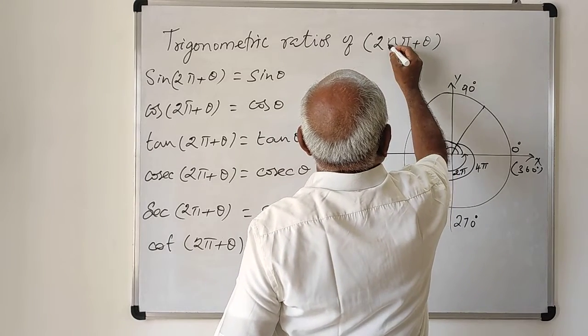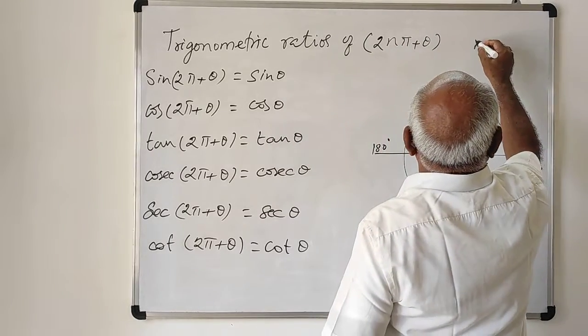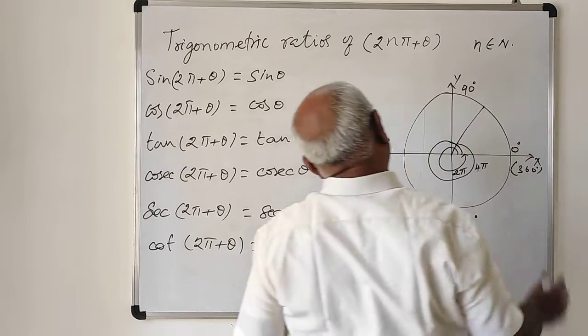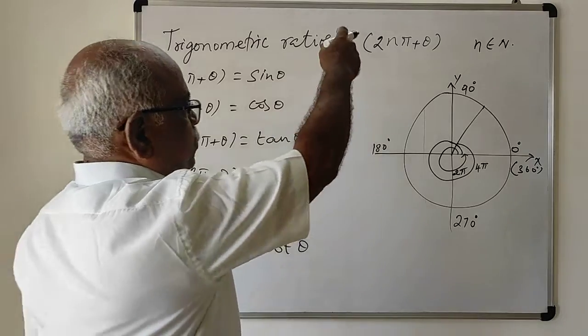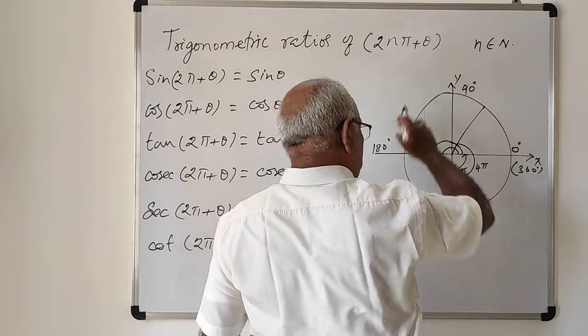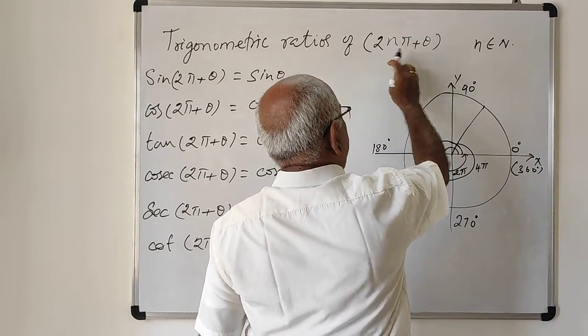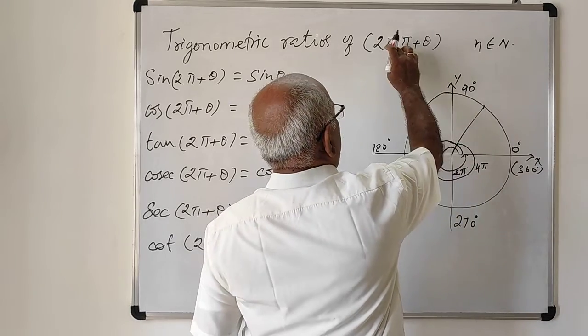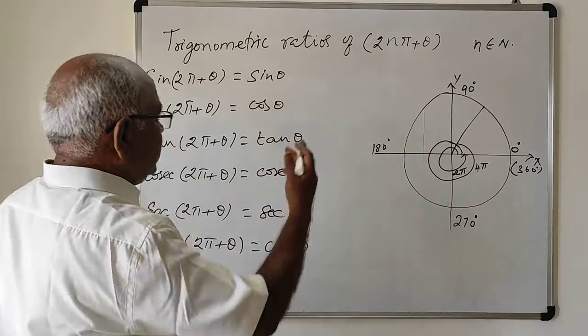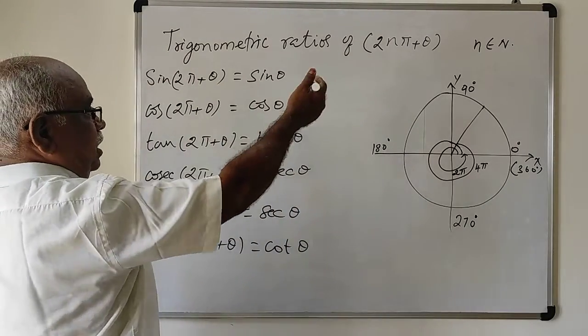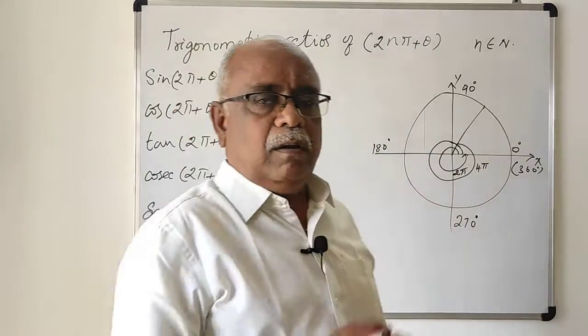N is the number of rotations. If n is 1, it is 1 rotation. If n is 2, it implies 4 pi, that is 2 rotations. If n equals 3, 6 pi, that is 3 rotations. If n equals 4, 8 pi, that is 4 rotations, like that. So 2 pi n plus theta and 2n pi plus theta are all the same.